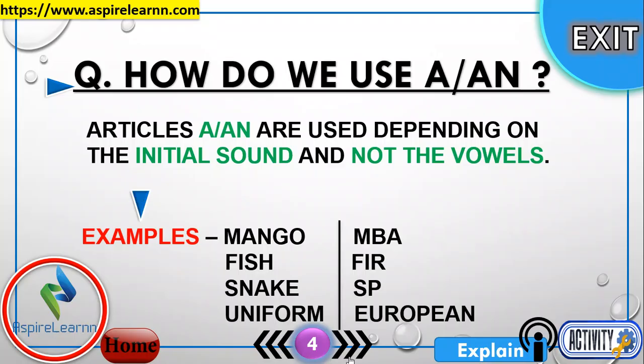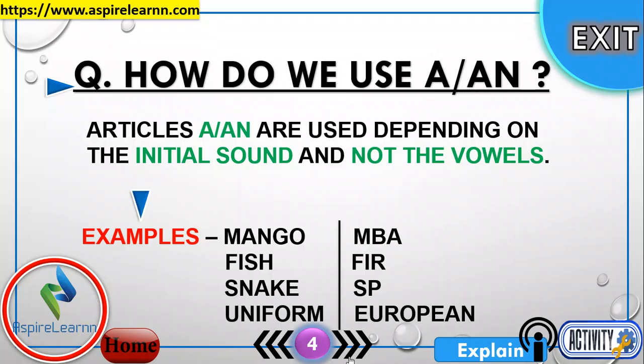Examples from the image: words taking a, consonant sound. A mango, M sound. A fish, F sound. A uniform sounds like yuniform, not a vowel sound. A European sounds like yuropean.